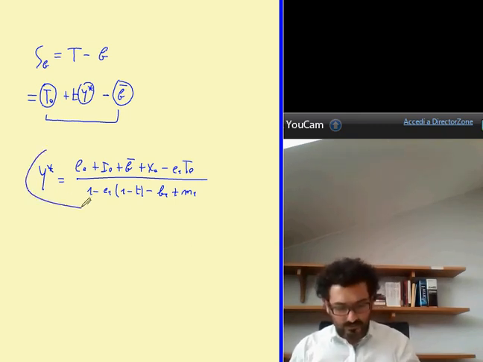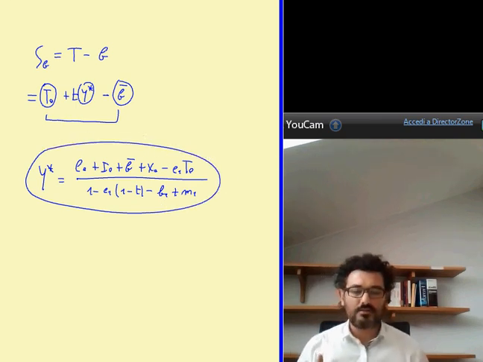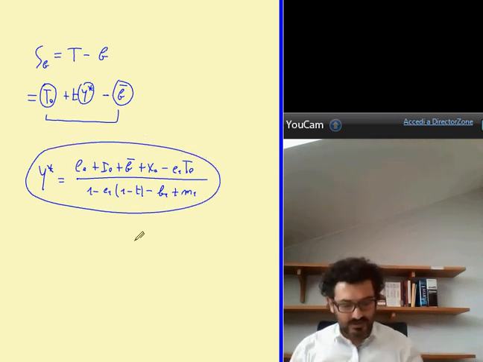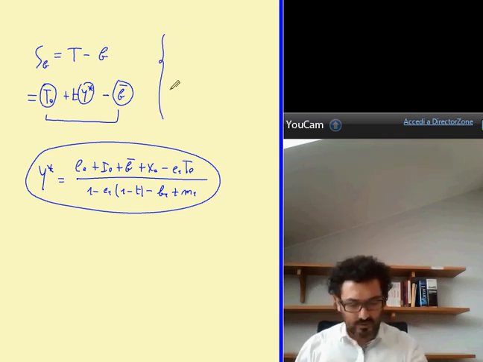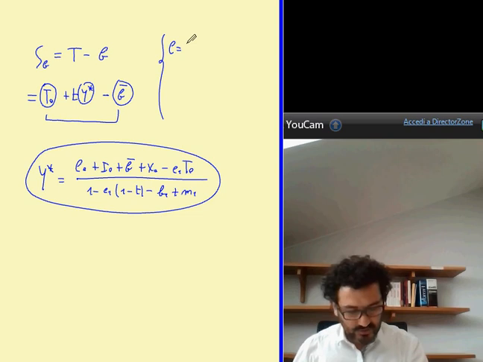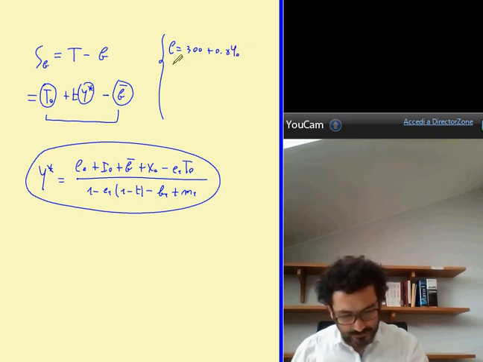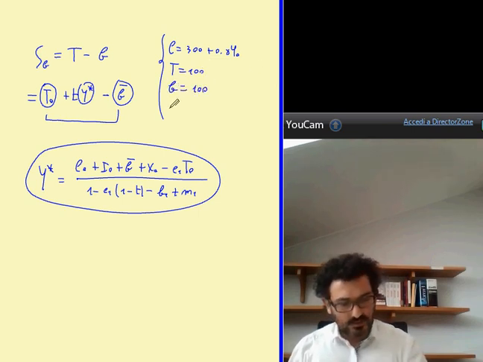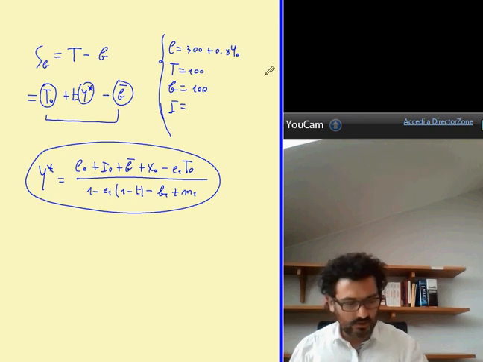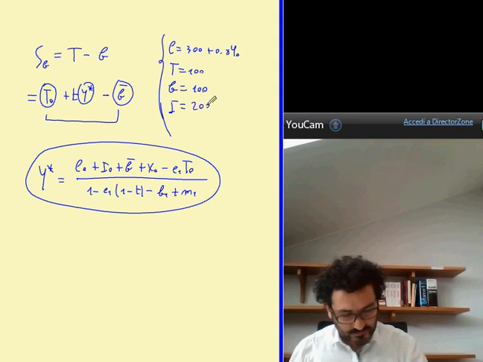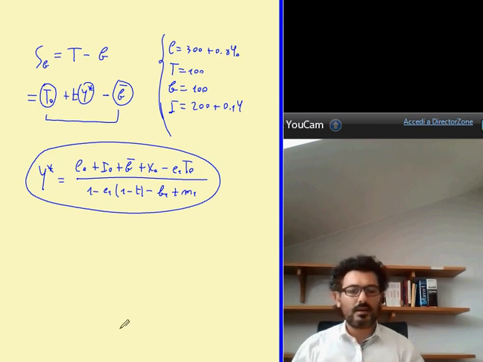This kind of equation can be adapted to all the exercises, because if you have a very simple economic structure in which you have consumption equal to, just to show, 300 plus 0.8 disposable income, taxes equal to 100, government expenditure equal to 100, investment equal to, just as an example, 200 plus 0.1 y, and it's a closed economy.